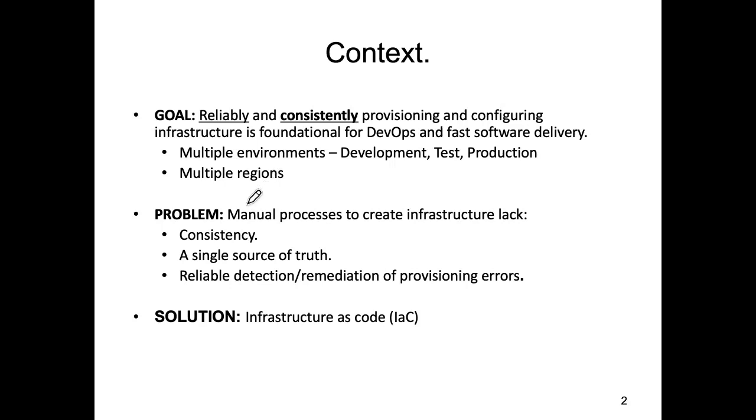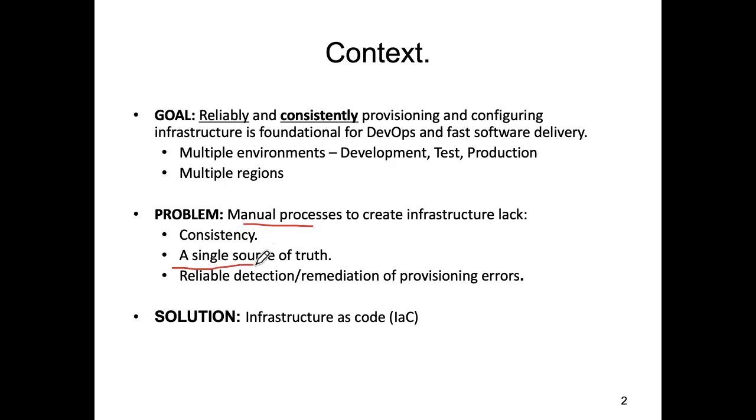Now, certainly, if you want to do something multiple times and you want consistency, then a manual approach to that is not desirable for obvious reasons, because humans don't tend to be consistent in the way they do things. So it lacks consistency. Secondly, a manual approach lacks a single source of truth.